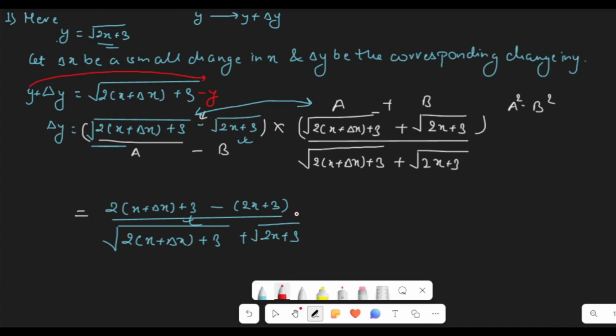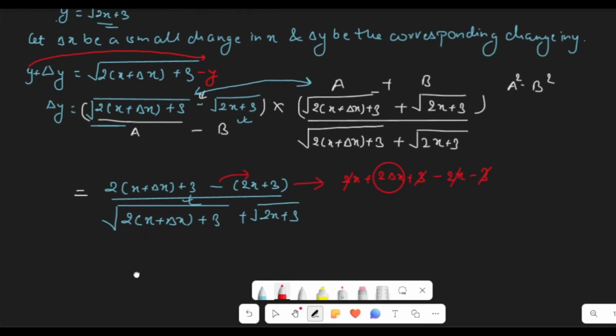Now let's evaluate this numerator. It is nothing but 2x plus 2 del x plus 3 minus 2x minus 3. We open the bracket with this minus. So here 2x cancels out and 3 also cancels out. So it will be 2 del x on the numerator.